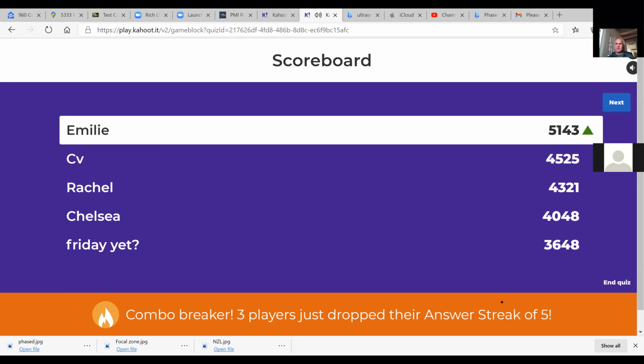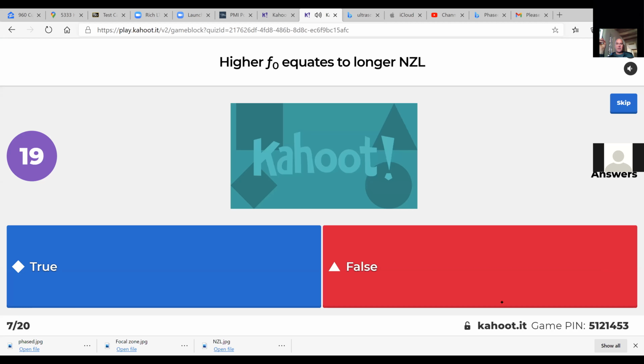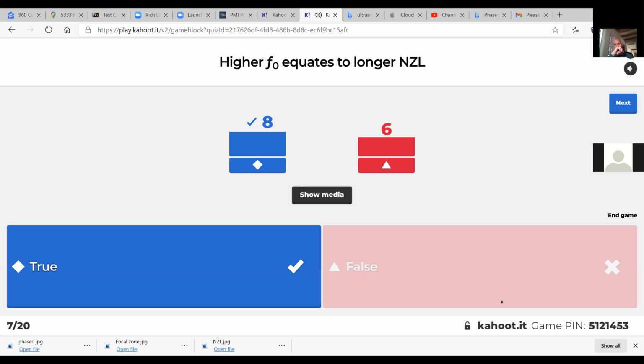Higher frequency equates to longer near zone length. That surprisingly is true.